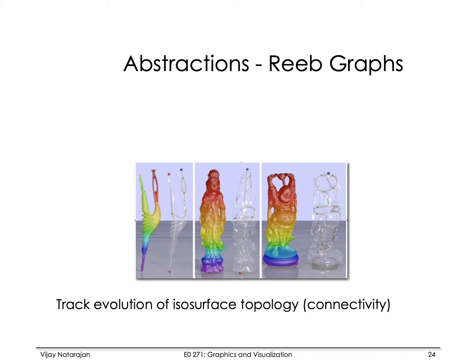On the right, for each figure, we also see the corresponding Reeb graph, which tracks the connectivity of the isosurfaces. We notice that in these cases, this graph does have cycles, and hence is different from the contour trees that we saw.